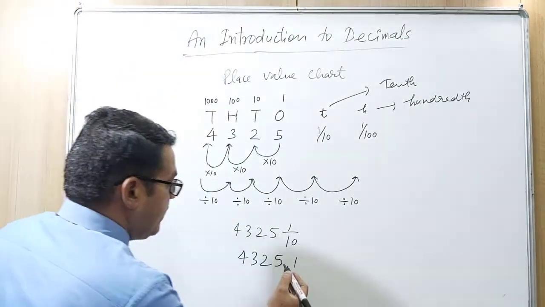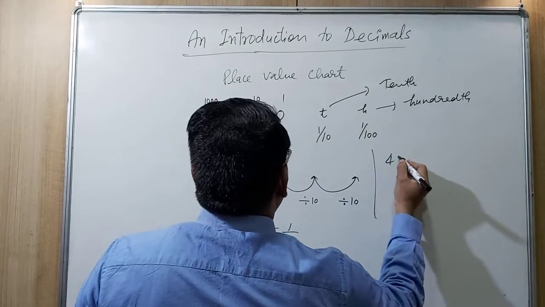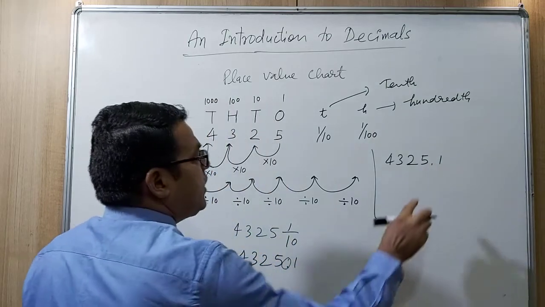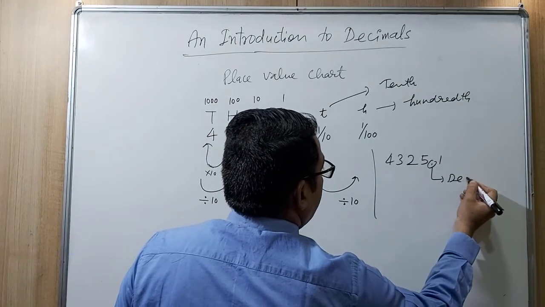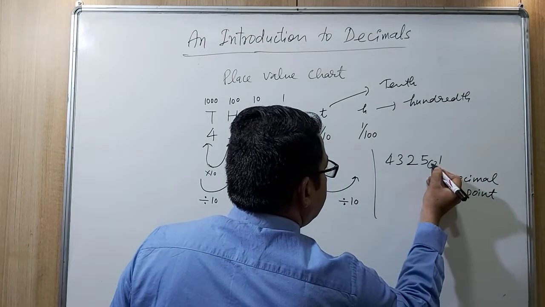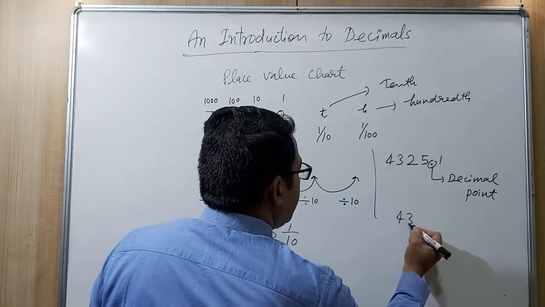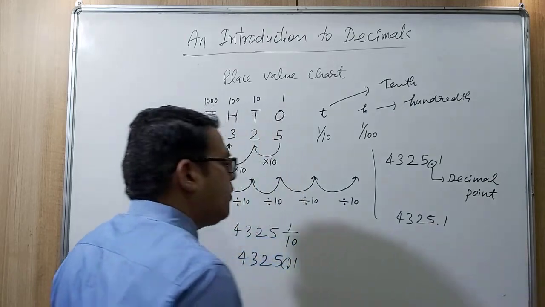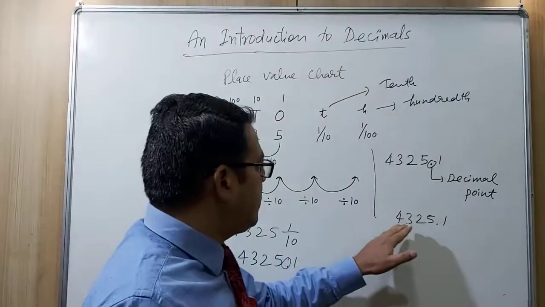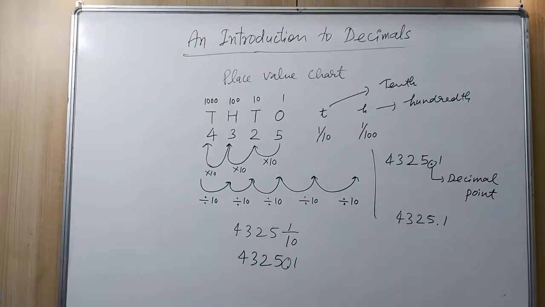Let me explain here. 4, 3, 2, 5.1. This point is called the decimal point. This is the decimal point. And we read it as 4325.1. Hope you understand.